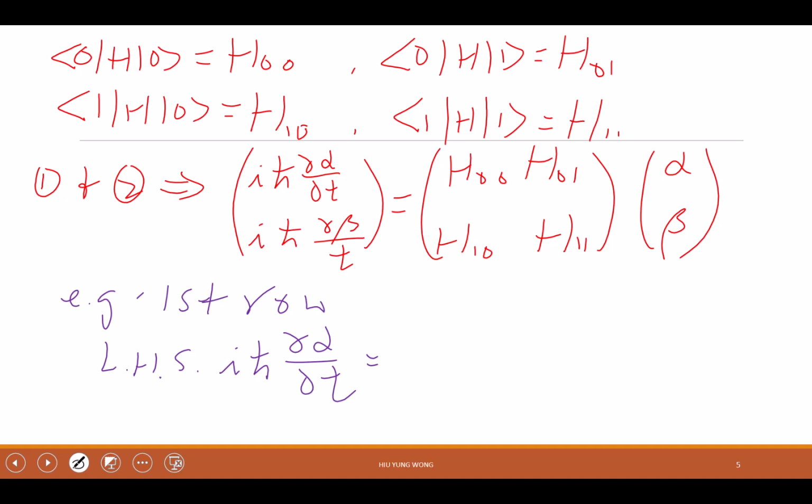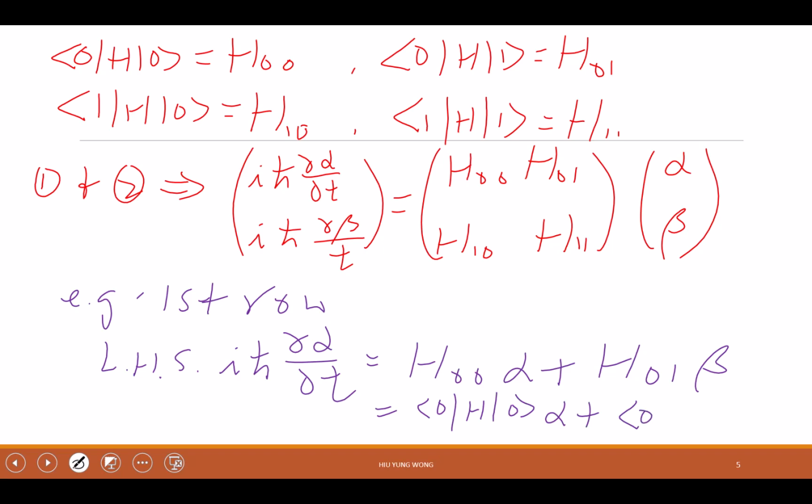Say again. Row times column. So what is that? H00 times alpha plus H01 times beta. What is H00 based on what we define here? It's just <0|H|0>. H01 is <0|H|1>. So <0|H|0> alpha plus <0|H|1> beta.